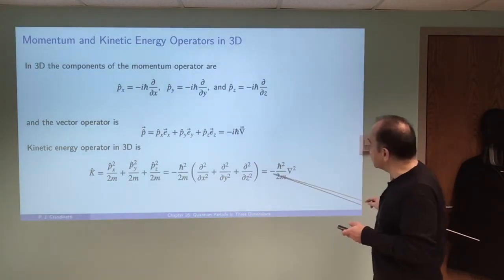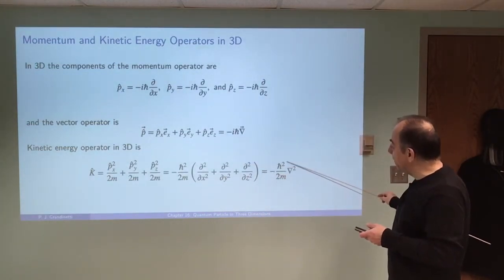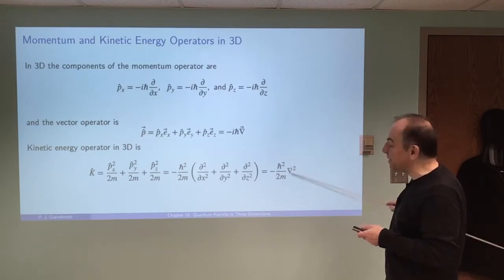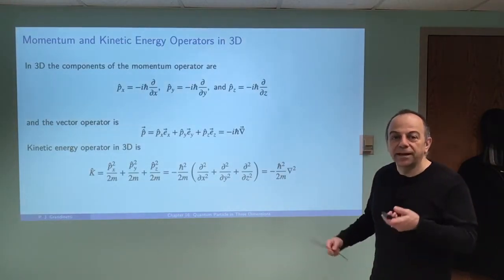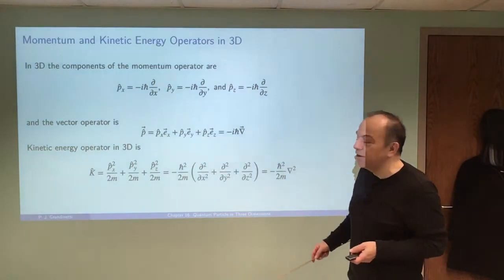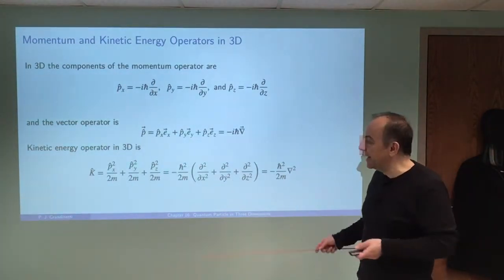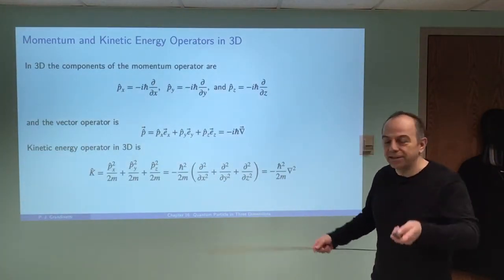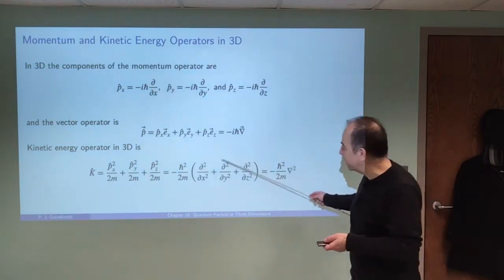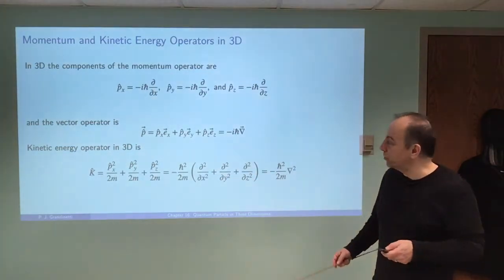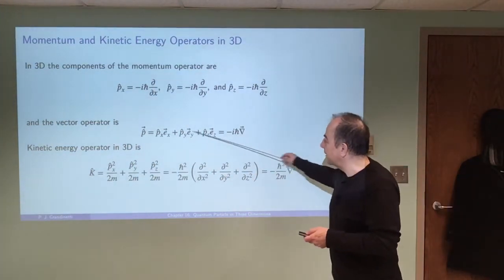So the kinetic energy operator is just minus h bar squared over 2m times the Laplacian operator. Now we've made the transformation of momentum and kinetic energy from 1D into 3D. The main difference is that we have to use the partials now, and momentum is a vector quantity.